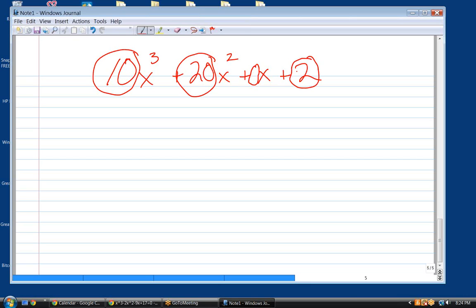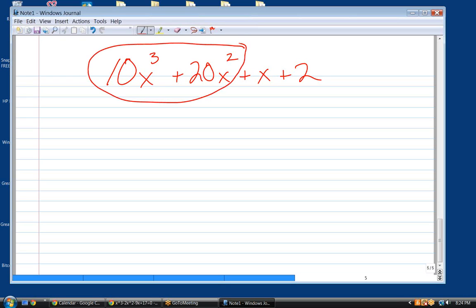Is it? Yeah. Okay, that means it can be grouped. So, we're going to group the first 2 numbers together and factor them, and we're going to group the second 2 numbers together and factor if it needs to be factored. So, let's take those 2. What's the greatest common factor you can pull out of there?